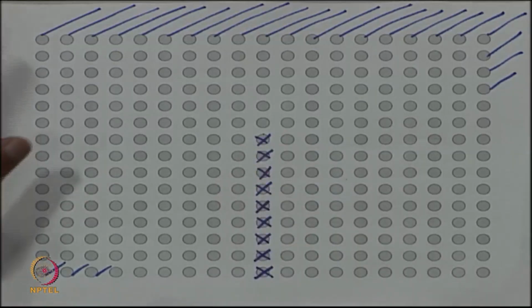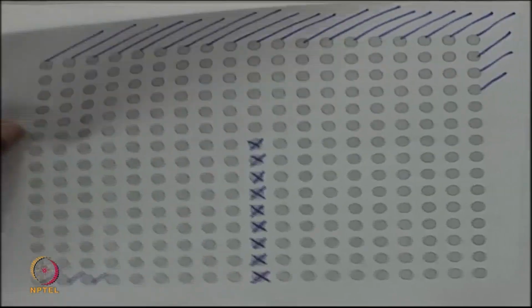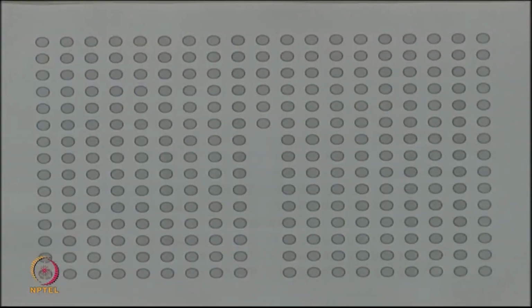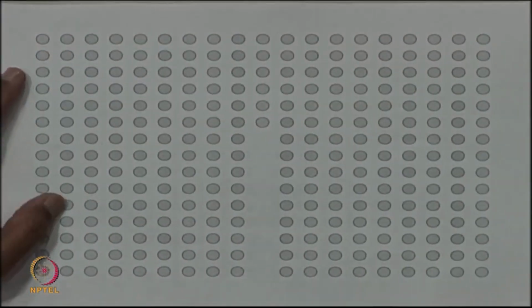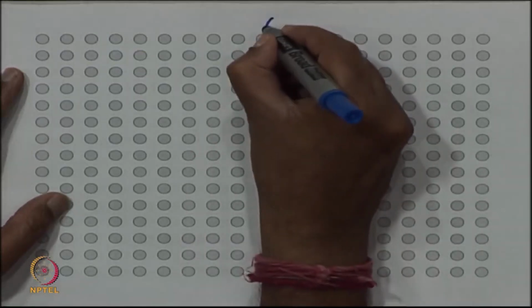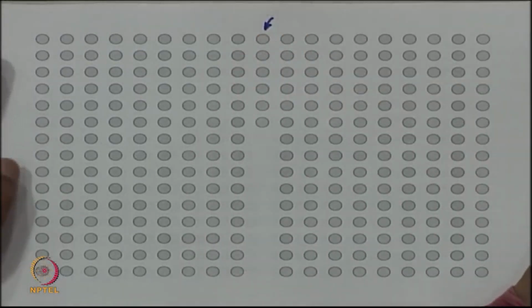So, if I do this, I will get a configuration something like this. You can see this was my middle plane which I thought of, and I just removed the bottom half of the plane.